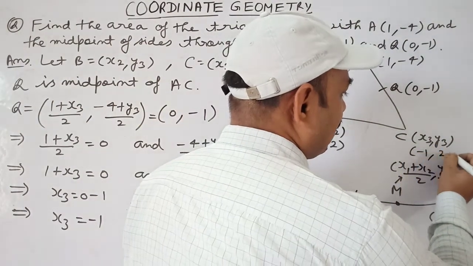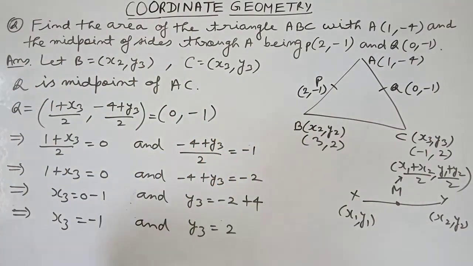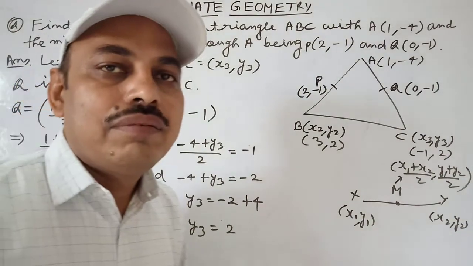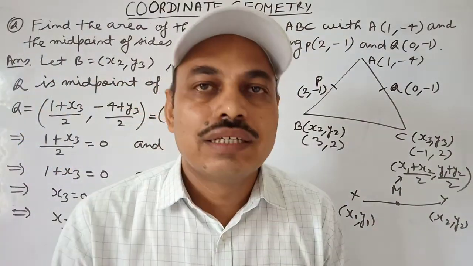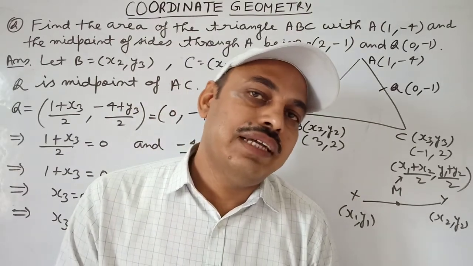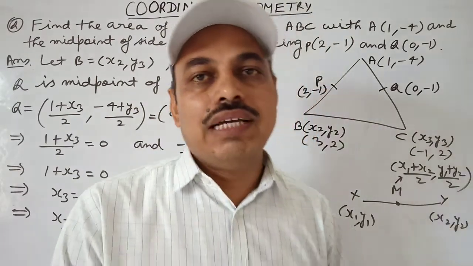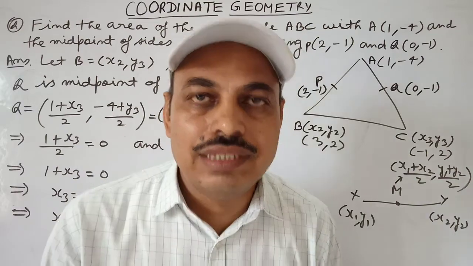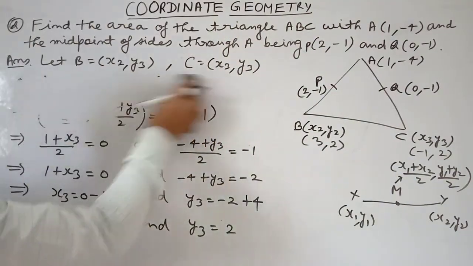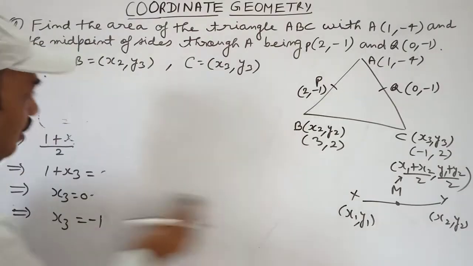Now we will find the area of triangle ABC by using the formula 1 upon 2 into (x1 into (y2 minus y3) plus x2 into (y3 minus y1) plus x3 into (y1 minus y2)).